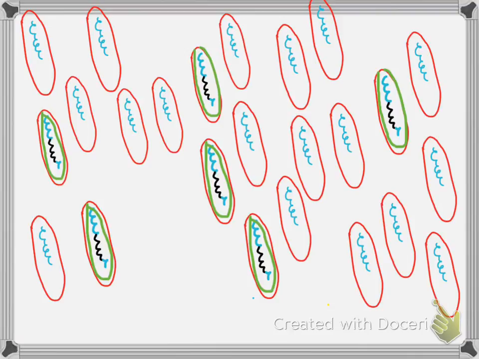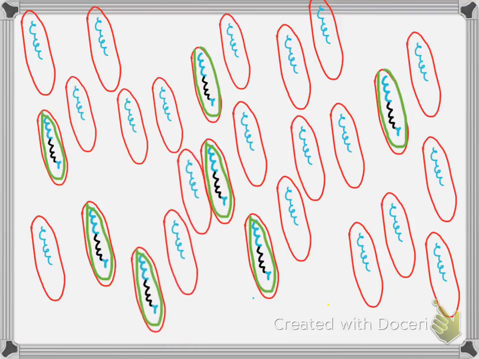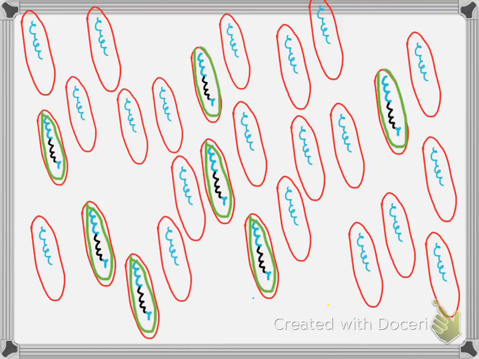Now, one thing you should know. Antibiotic resistance is not always an all-or-nothing game. If you give these resistant bacteria enough of whatever the antibiotic is, or you give it for long enough, eventually you may start to kill them too. It's possible. It may just take longer.